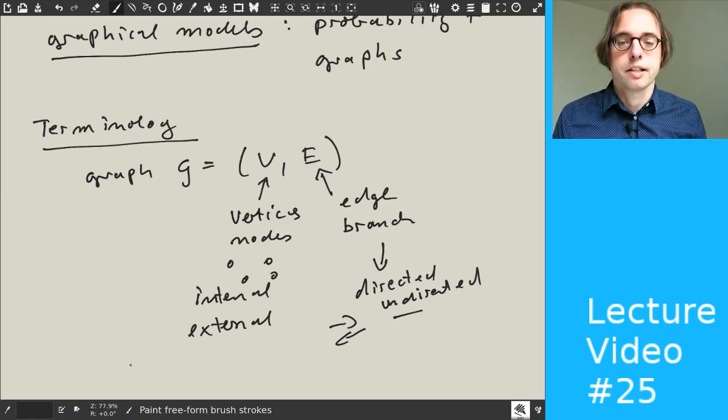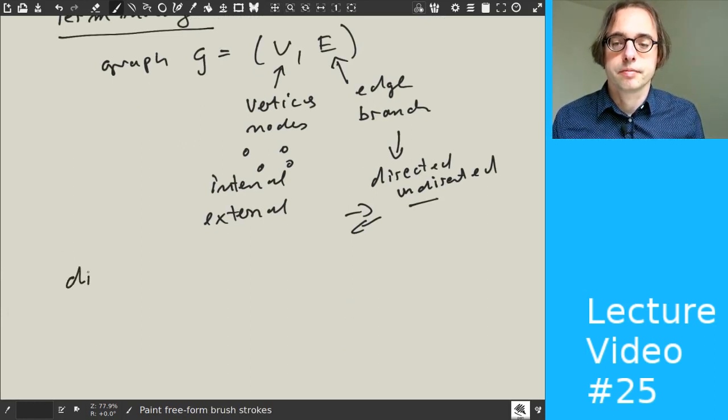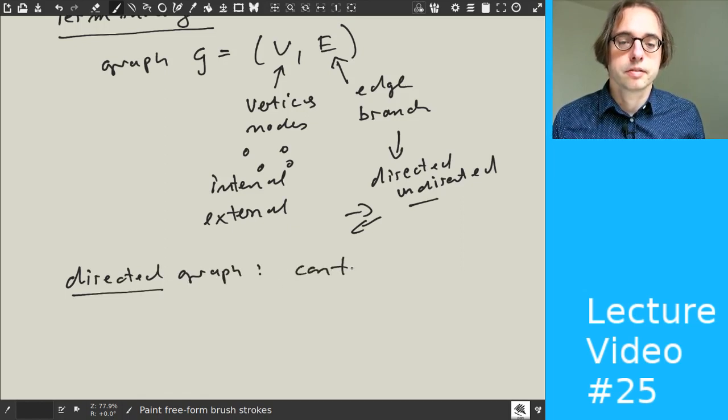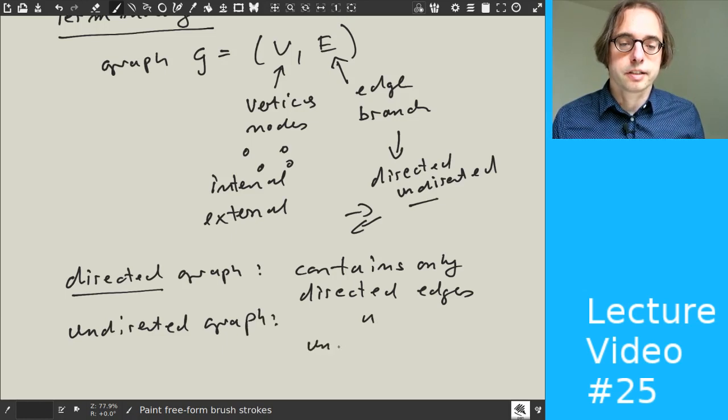So we can have directed graphs, and a directed graph contains only directed edges. And likewise, we can have an undirected graph that contains only undirected edges.